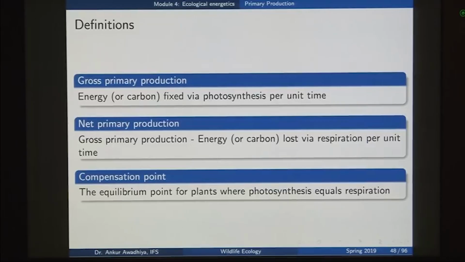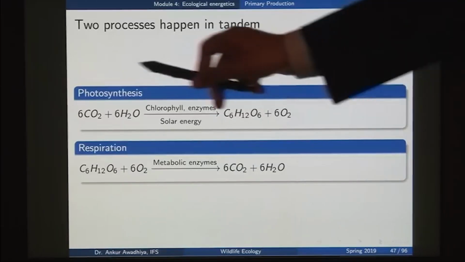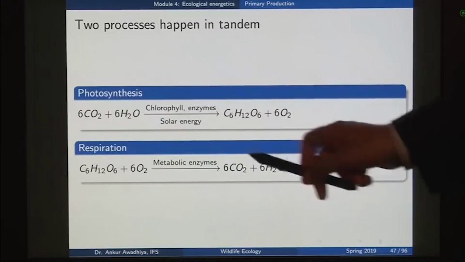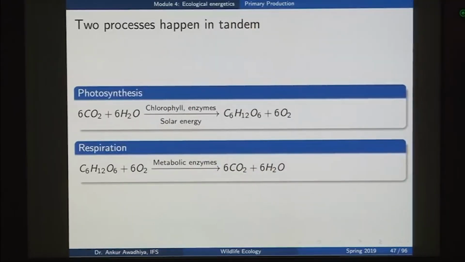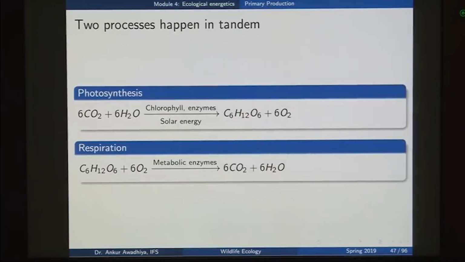Now, as we saw before, there are two reactions happening in tandem. In any plant cell that has chloroplast, we have photosynthesis, and at the same time we are also observing respiration in the whole of the plant. When photosynthesis happens, some amount of carbon is getting fixed, but then through respiration, some of that carbon is again getting released back.